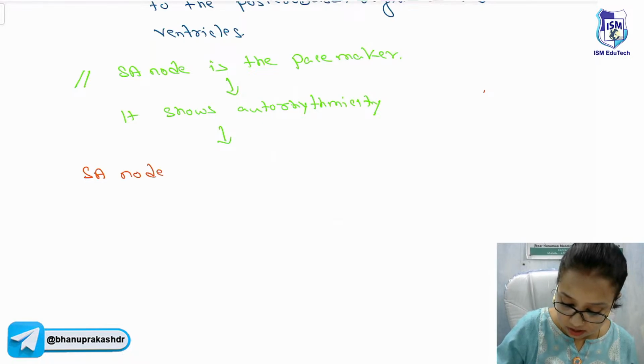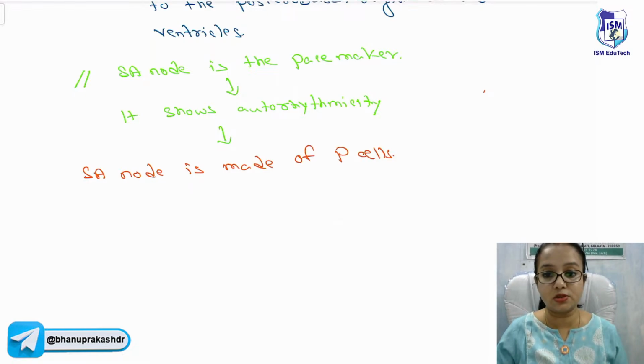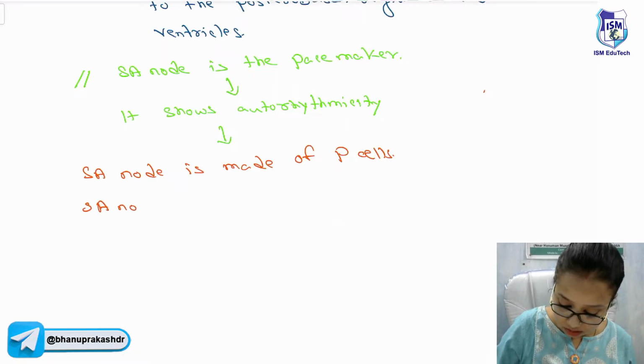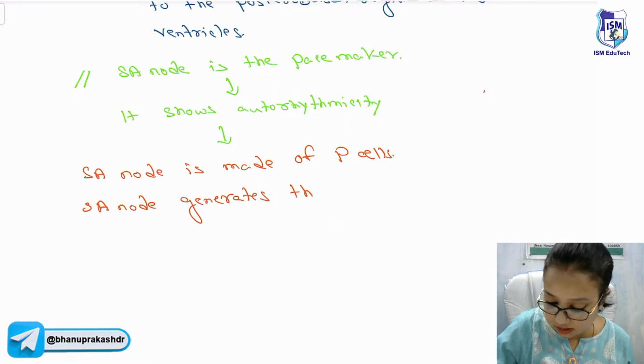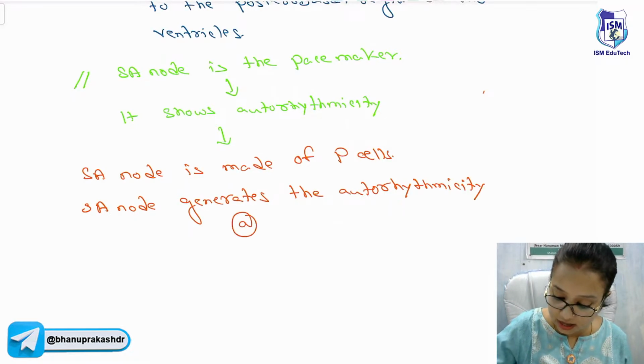SA node is made of P cells, which are the pacemaker cells. This SA node generates the autorhythmicity or the heart rate at a rate of 80 to 100 beats per minute.